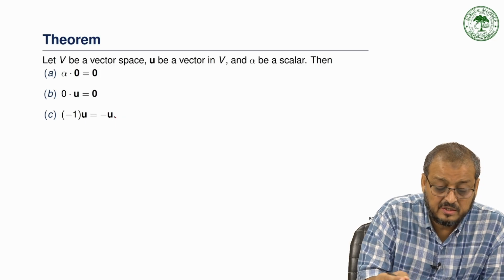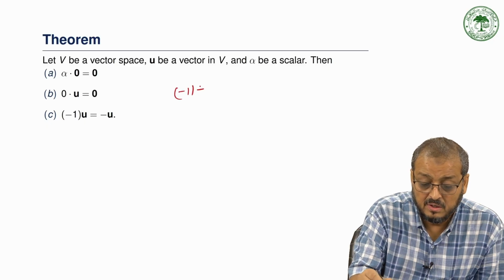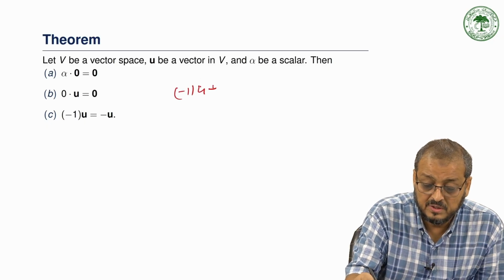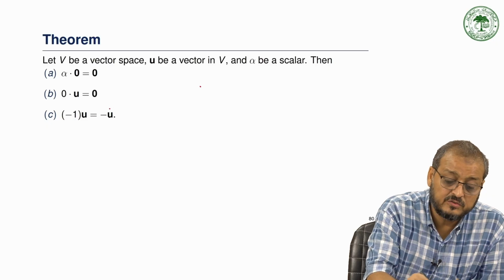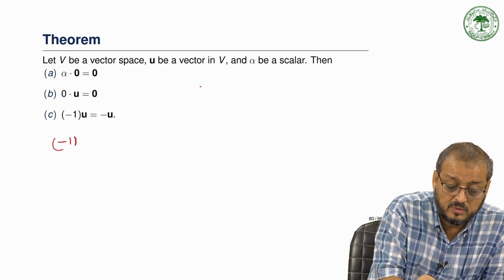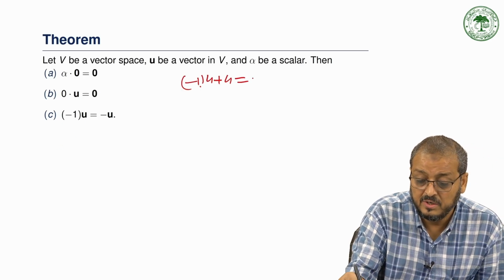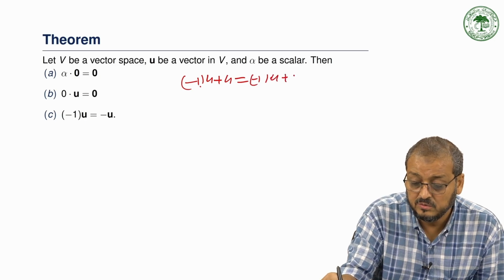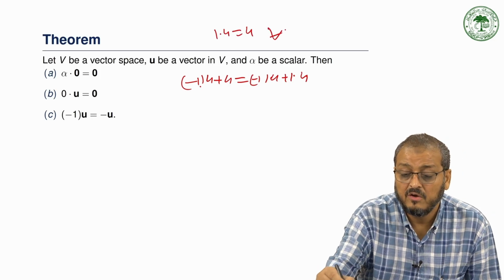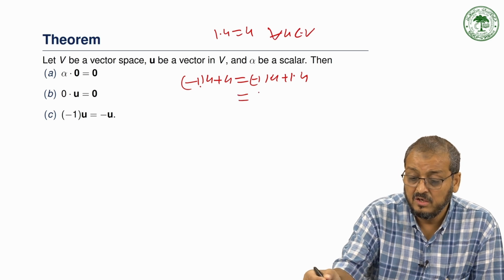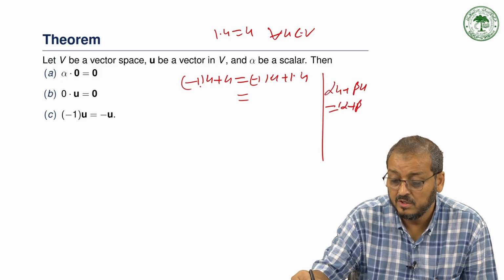We write minus 1 into u plus u, which can be written as minus 1 u plus 1 into u, because by the property of vectors, 1 into u is equal to u for every u belonging to the vector space V. And again we use the property alpha u plus beta u is equal to alpha plus beta u.